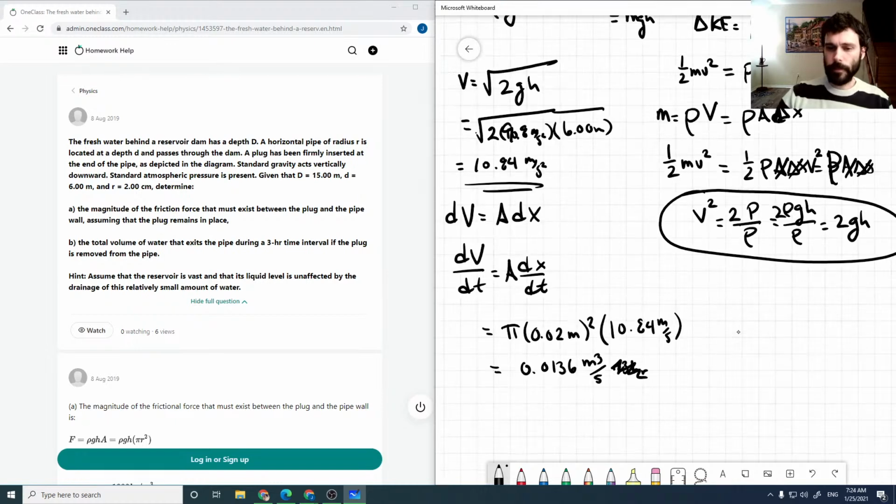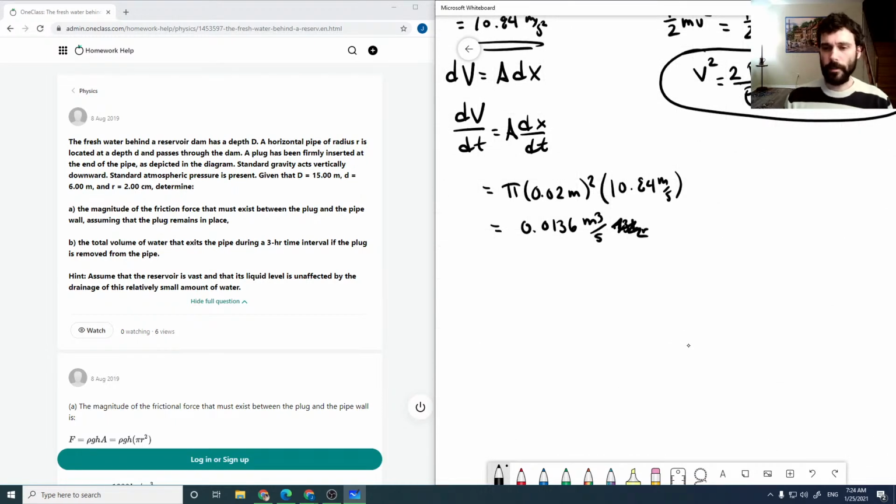So now if we want to know how much flows out in 3 hours, then we take our dV by dt and multiply it by our delta time. So 0.0136 meters cubed per second times 3 hours times 3,600 seconds per hour.